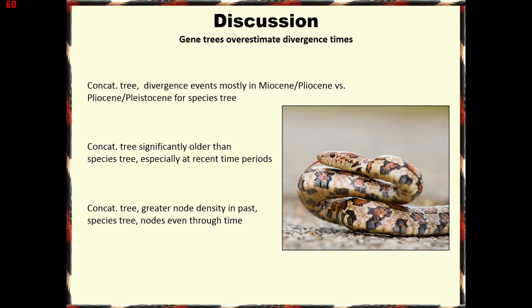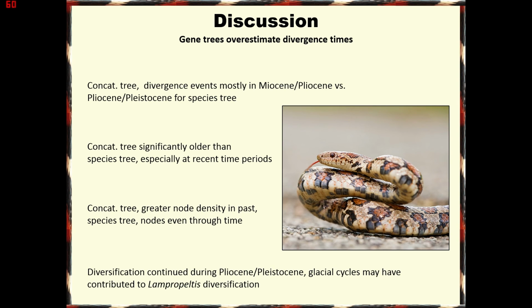So we see that we're getting a different interpretation of this downstream analysis when we use a gene tree rather than a species tree. And so we can maybe conclude that diversification did continue during the Pliocene and Pleistocene for Lampropeltis, and glacial cycles may in fact have contributed to diversification, or at a minimum didn't seem to slow it down. It didn't seem to have a negative effect on speciation for these guys.